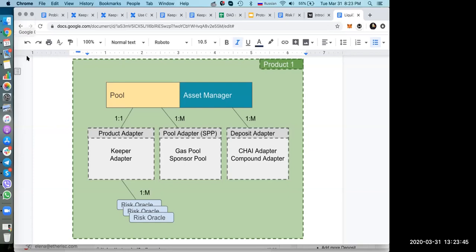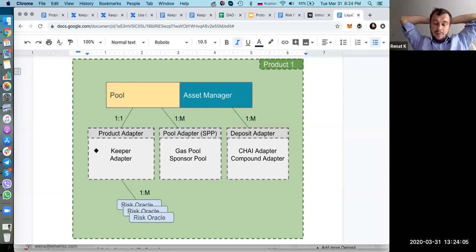If you speak about the bidding strategy, it's actually in the product adapter, on chain, and the Risk Oracle just adds some necessary data to tune this strategy and to make it live. But in the keeper adapter, is it one strategy?